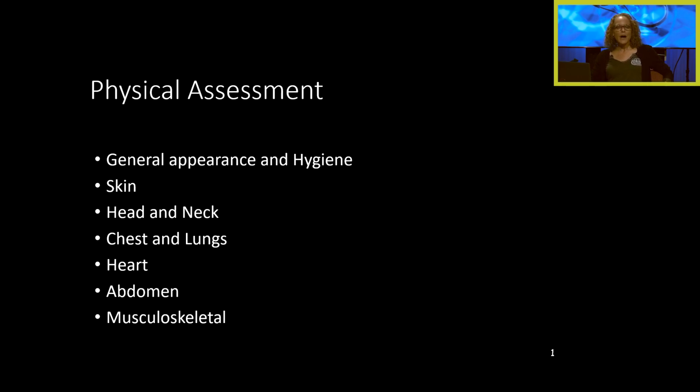Another type of skill that we use in assessment is palpation. Another word for that would be feeling, touching, and putting gentle pressure on the abdomen. So when we assess the abdomen, we palpate the abdomen.